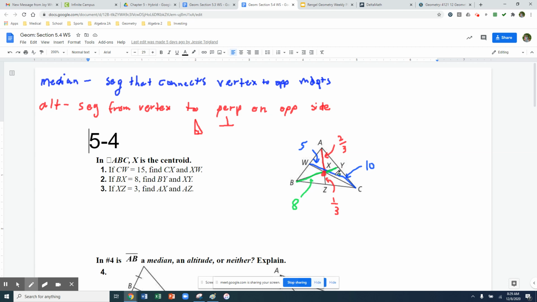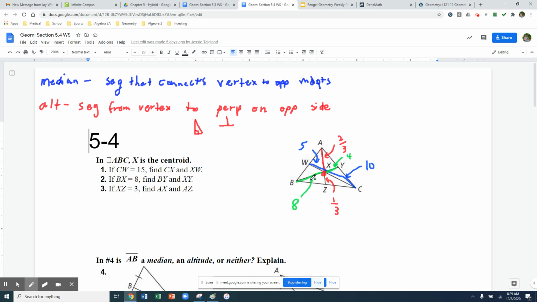So if BX is 8, that means that this little segment in here is going to be 4. It's going to be half of that. And then to find the full segment, B to Y, I would add up 8 plus 4, which is going to give me 12. So BX is 8, XY is going to be 4, and then BY is going to be 12.